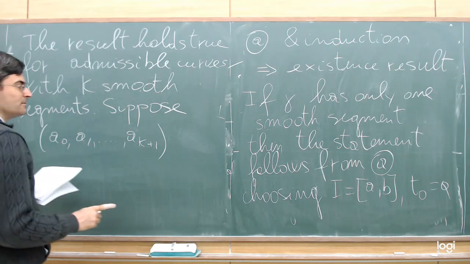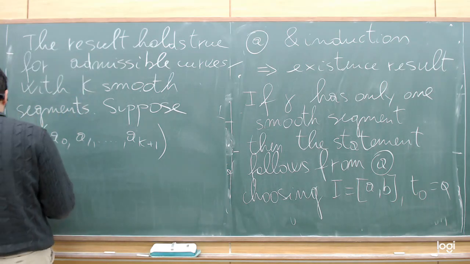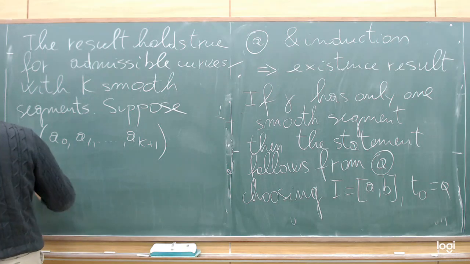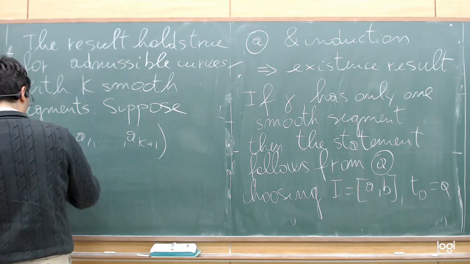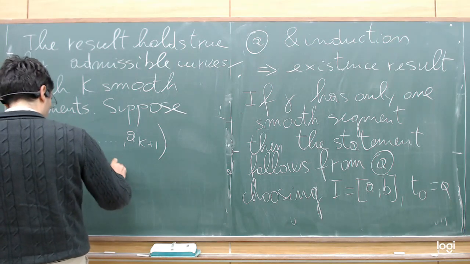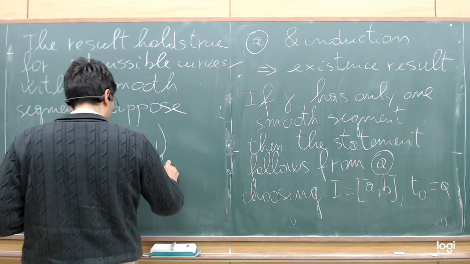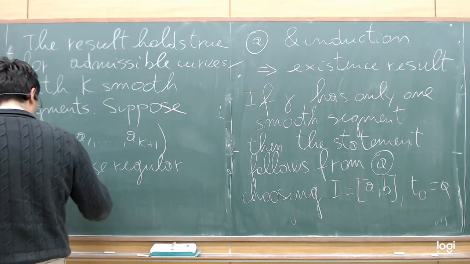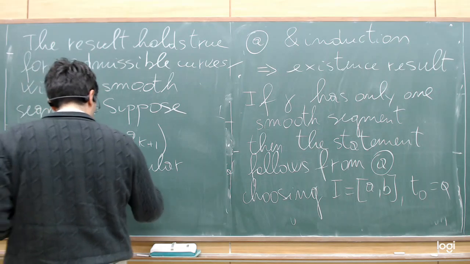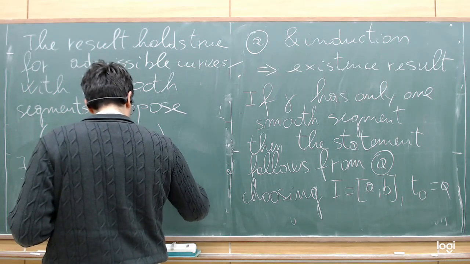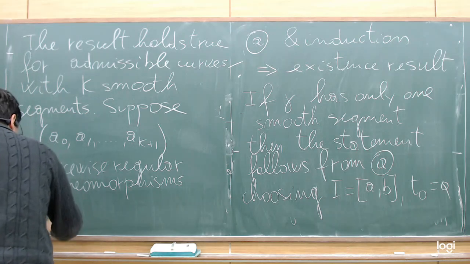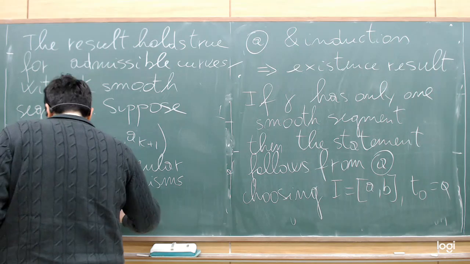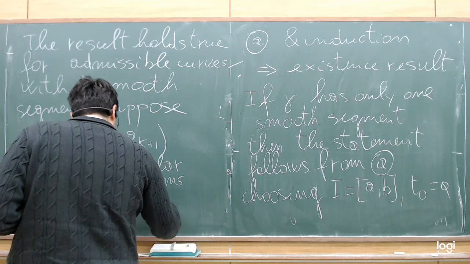So by inductive hypothesis, we have that there exists a piecewise regular homeomorphism phi between 0 and c and a0 and ak.